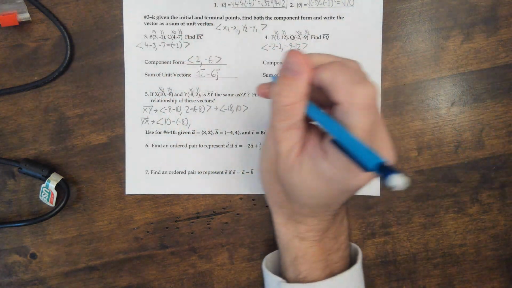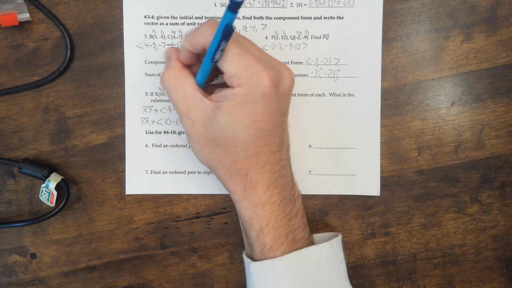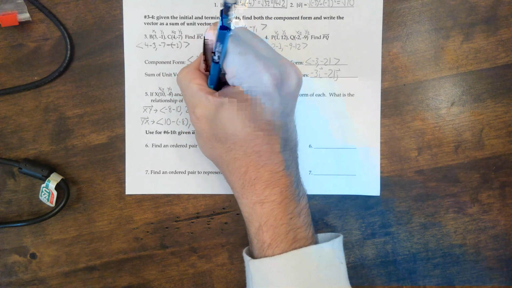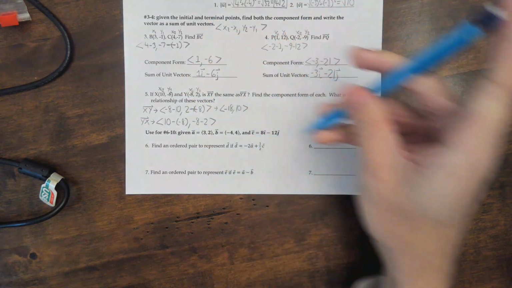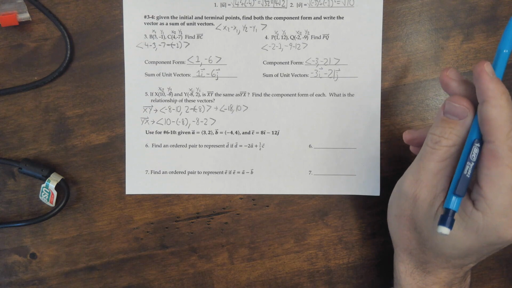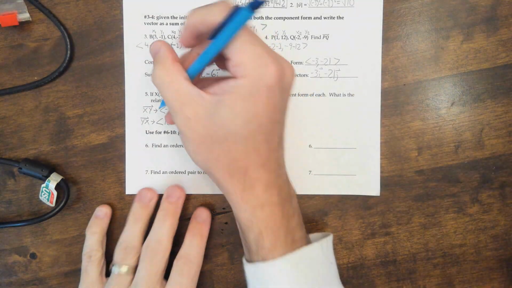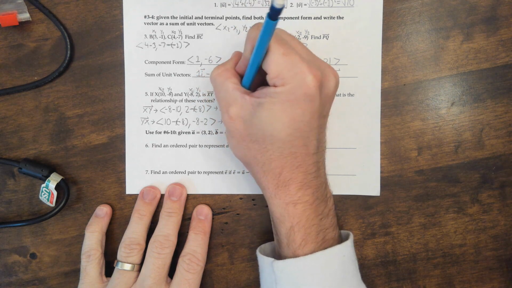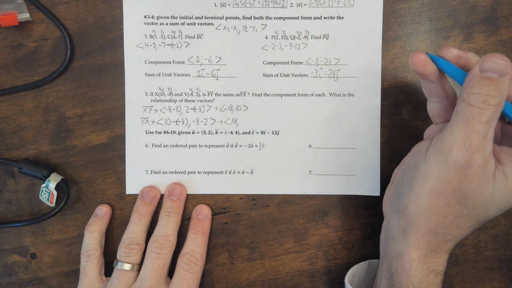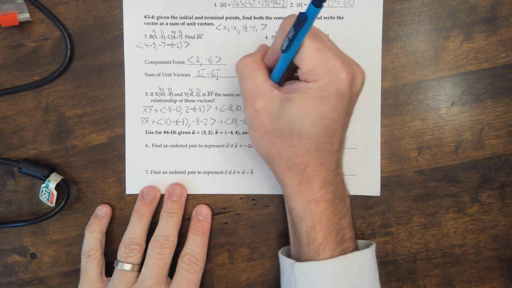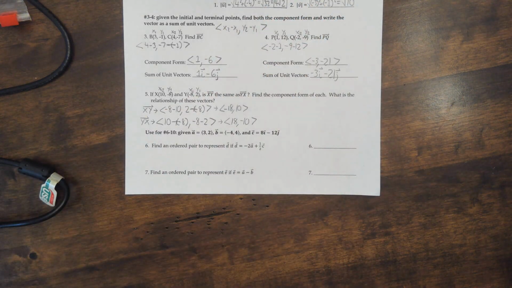And then we're doing y2 minus y1, and so that's going to give you a negative 8 minus 2. Okay? And so now let's go ahead and simplify. 10 minus a negative 8, that's going to give you 10 plus 8, which is going to give you 18. And then negative 8 minus 2, negative 10. And so there you go. So yx is 18 comma negative 10.